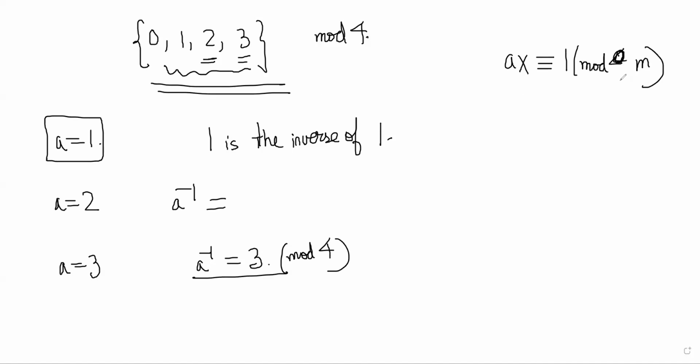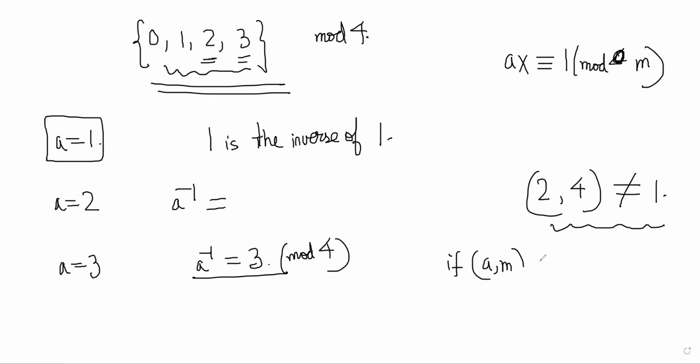The reason there was no inverse for 2 is because 2 and 4 do not have a GCD of 1, right? The condition under which we had said that an inverse exists was what? We had said that if GCD of A and M is 1, then there exists X such that AX is congruent to 1 mod M, right?